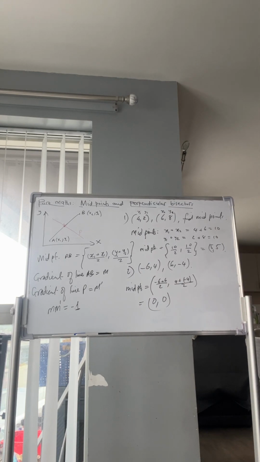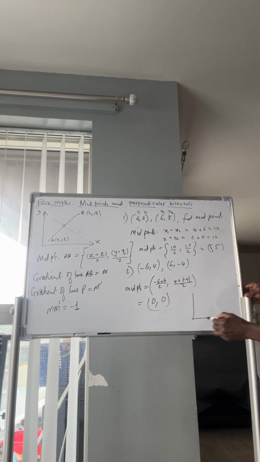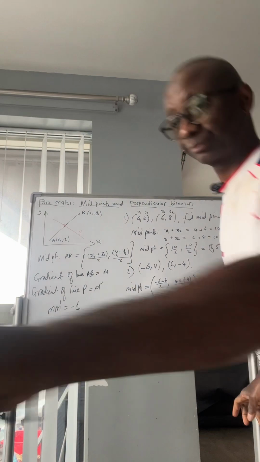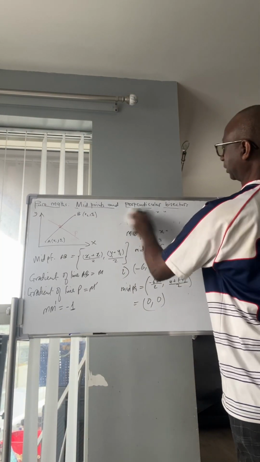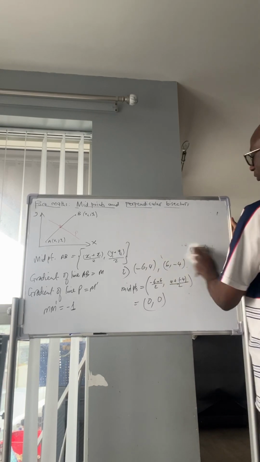So I don't know what sort of line this is. It passes through the origin. So this line, its midpoint is the origin. That's what it means. If you have a graph like this, let me take out this one just to show you.